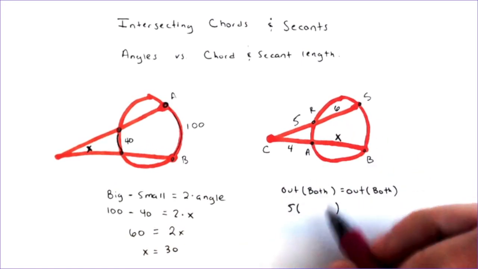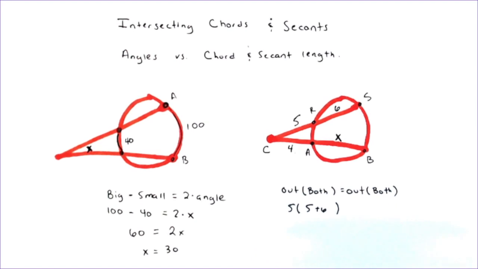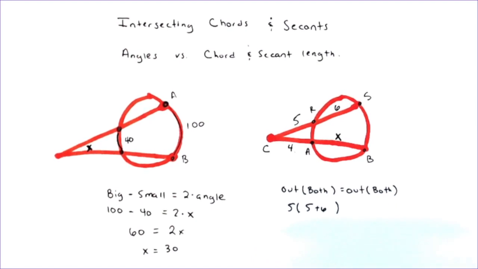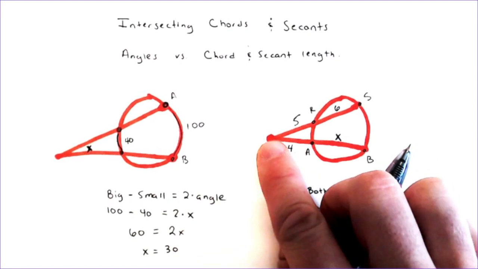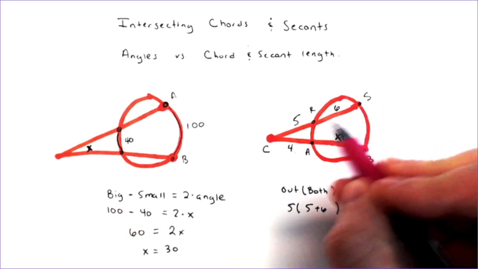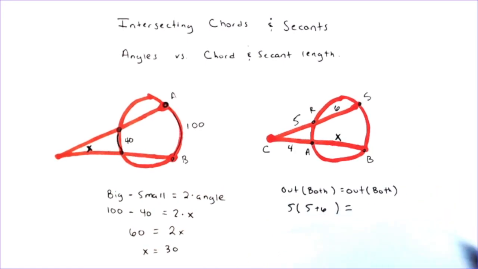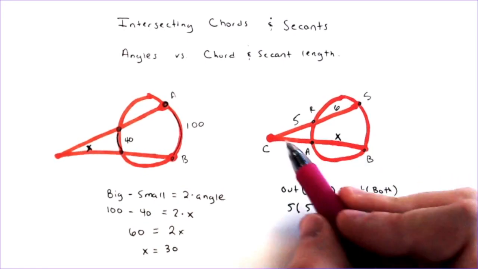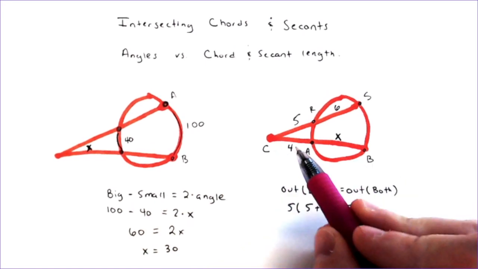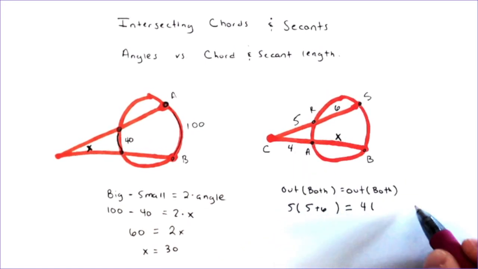So that means that we're going to have to do a 5 plus 6. Normally you can do that in your head and just write 11. And that would be both from C all the way to S, the outside, the 5, and the inside, the 6. You put them both together. In this case, we have the other part, this bottom line from C to B. We have the outside as 4 times both of them.